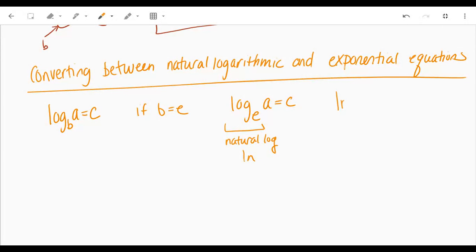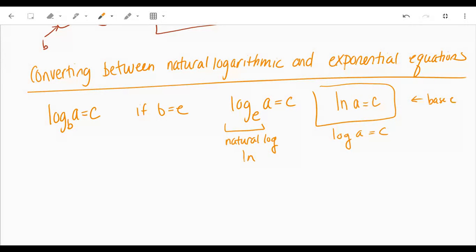So the natural log of a equals c. You just have to remember that when you see an expression written like this, that hidden base that we don't see is e. Just like you might remember that if we have something like this, the base is 10. This is base e.